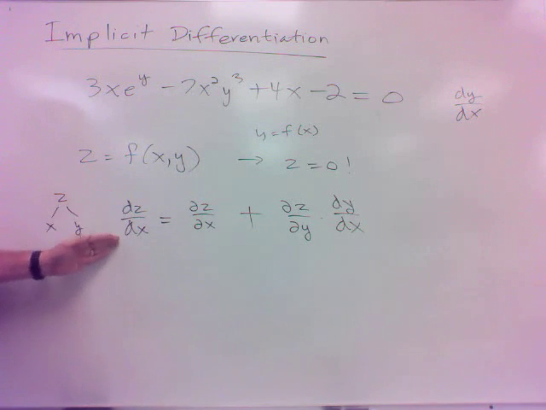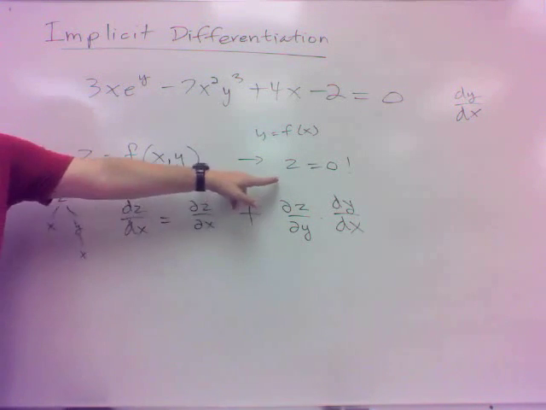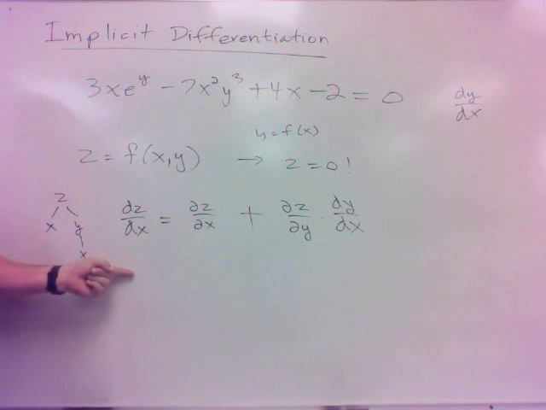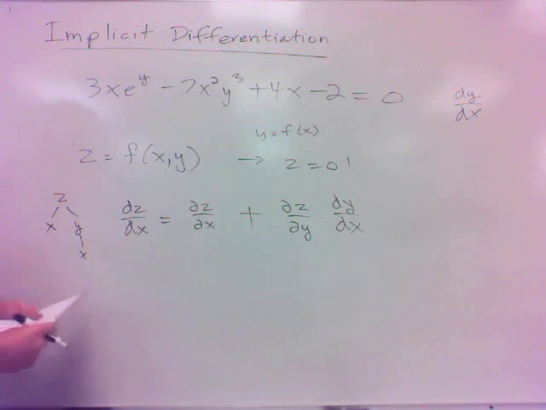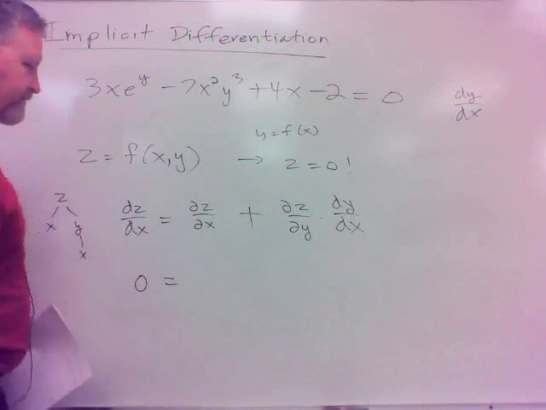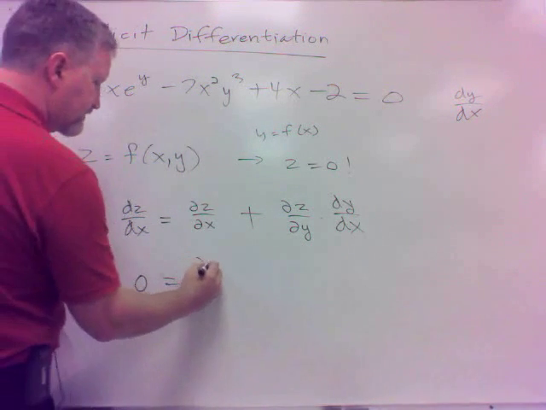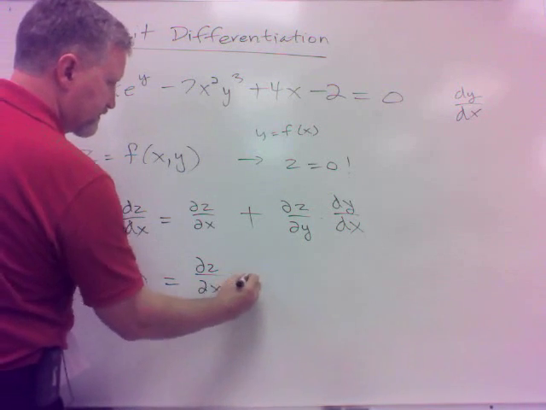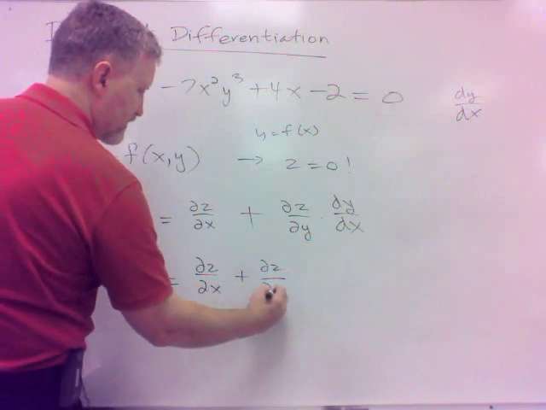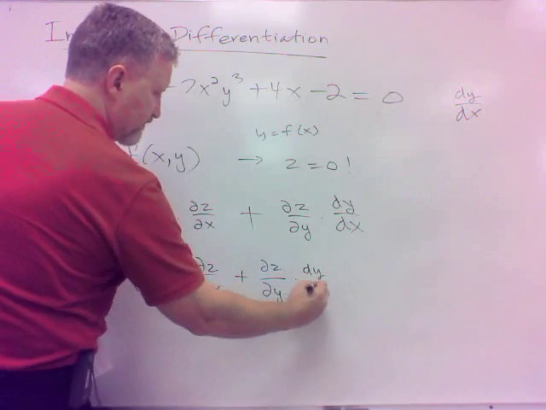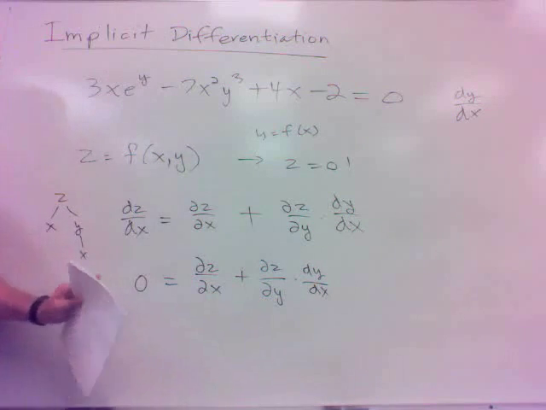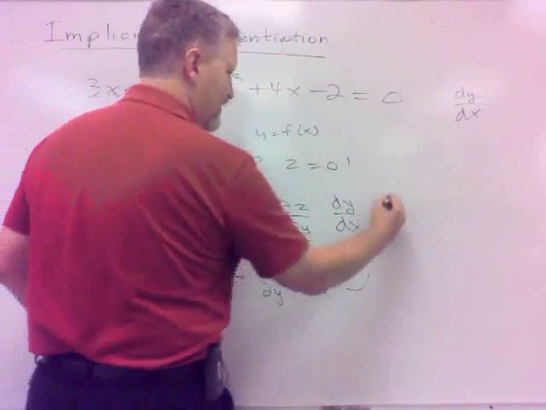Since z is 0, this derivative is 0. Derivative of 0 is 0, right? For anything. So I've got the partial of z with respect to x plus the partial of z with respect to y times dy dx, equal to 0. So this is how we're going to get dy dx, so let's solve that for dy dx.